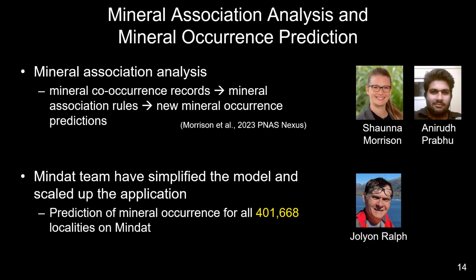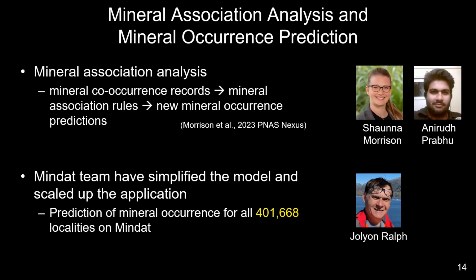So they can find the rules about the co-occurrence of mineral species. And now, if you are given a new locality, and you can see there are already a number of mineral species occurring in this locality, then what is the possibility for some other mineral species to appear in this place?